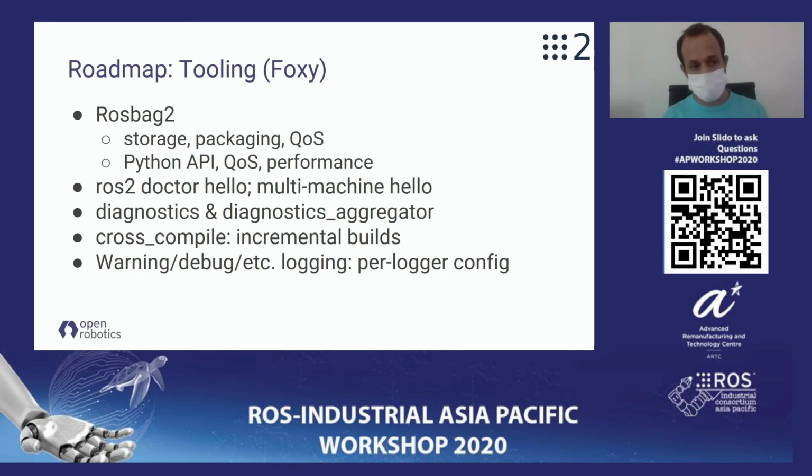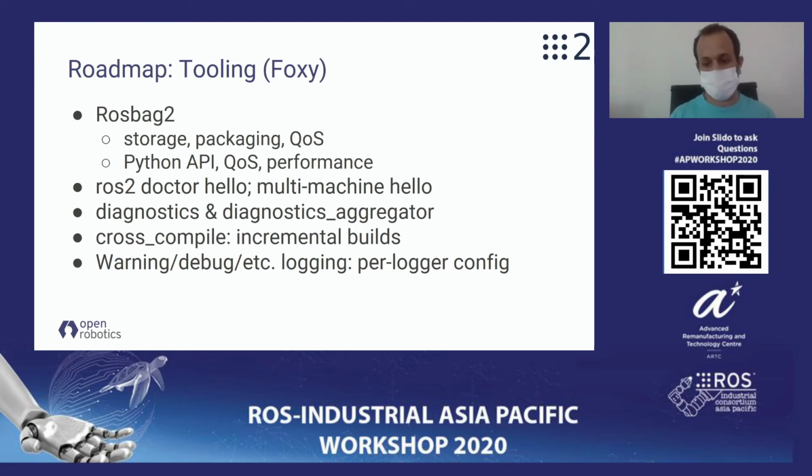Regarding the tooling, ROS2 has some improvements in storage, packaging, and has full QoS management. The Python API is now matching the ROS1 version, and there are some efforts going on to investigate and improve the performance. There's the ROS Doctor, which is a tool that can help us check all different aspects of ROS2, platform versions, and it will warn you about some possible errors.